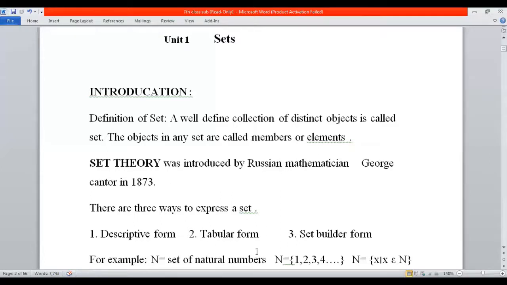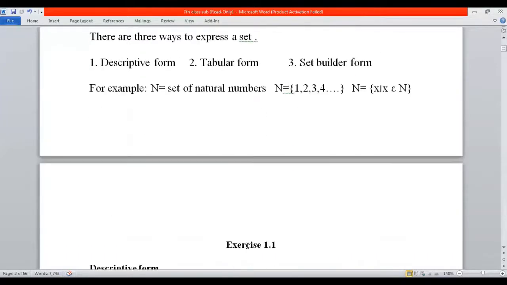And when you write the set in the tabular form, the set must be enclosed in curly brackets and separated with commas. So these three ways we will study in this first exercise.